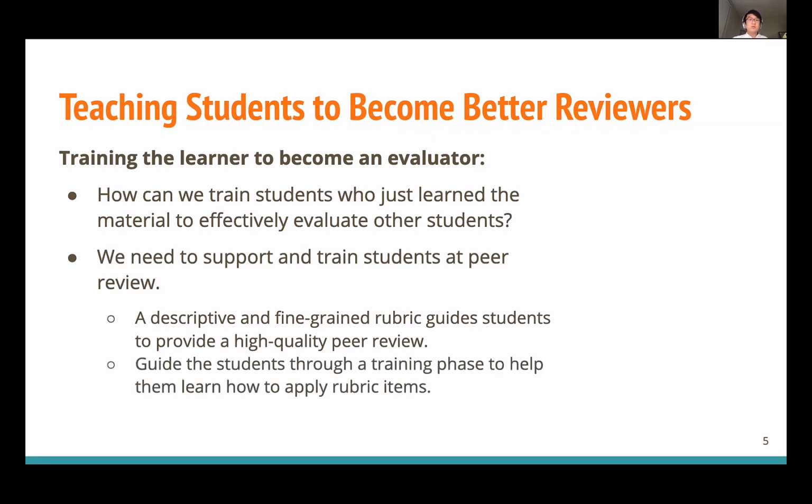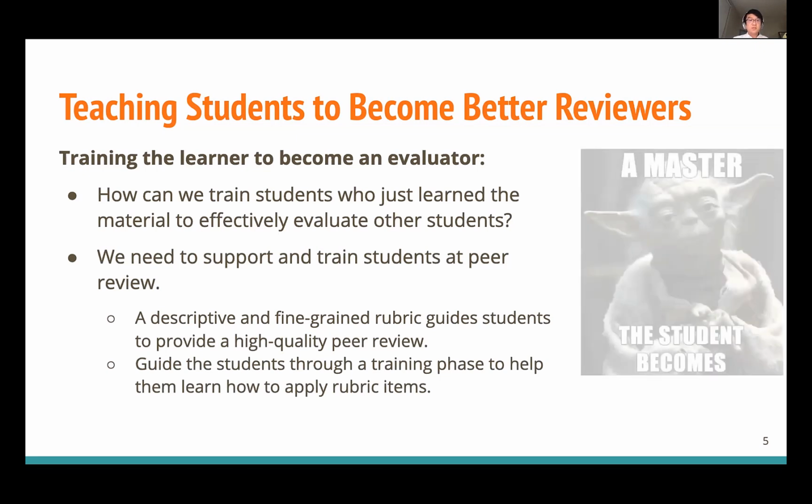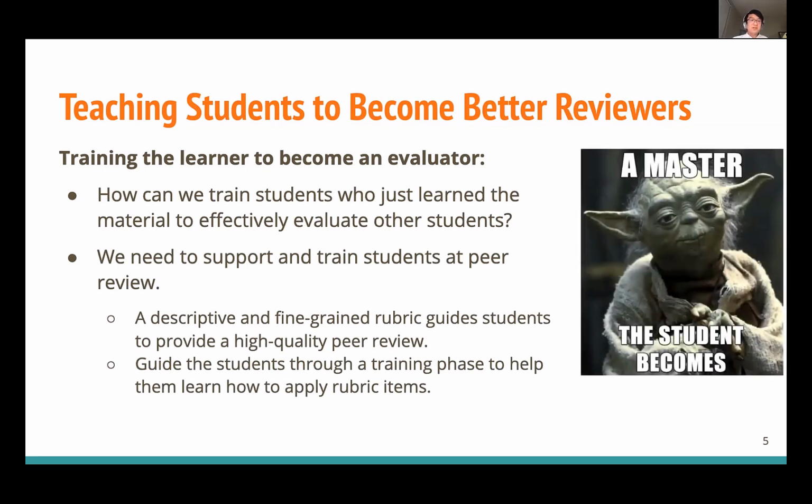Additionally, we implement a training phase to help them understand how to apply these rubrics. And with these measures, the student becomes, well, not really a master, but certainly ready to perform peer reviews. In the next few slides, I will talk about key components of a good rubric and how the training phase can help students.